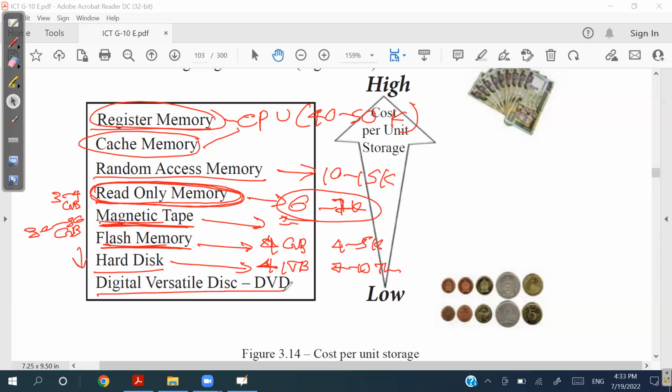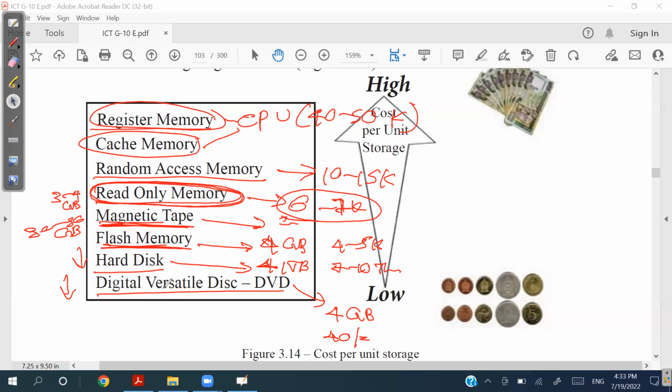DVD, digital versatile disk, how much? Like 4 GB will cost you like how much? 40 rupees, right? So that is the lowest cost per bit that you can find. So it's better you remember this order, so it will be easier for you to answer some of the MCQs.